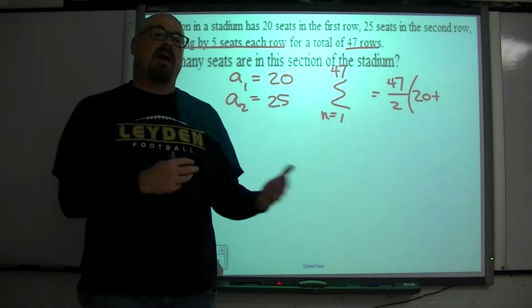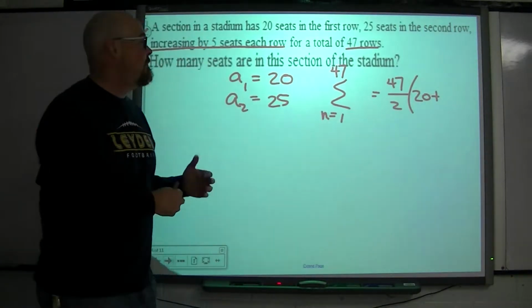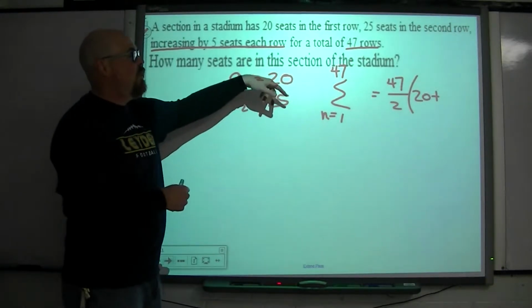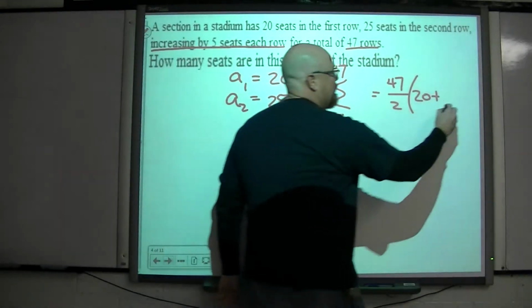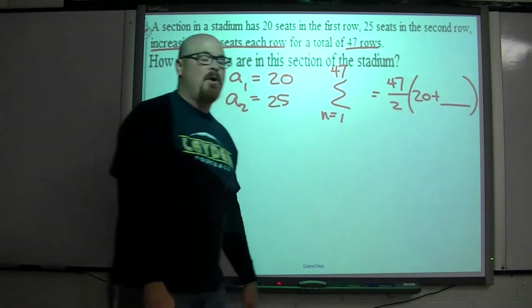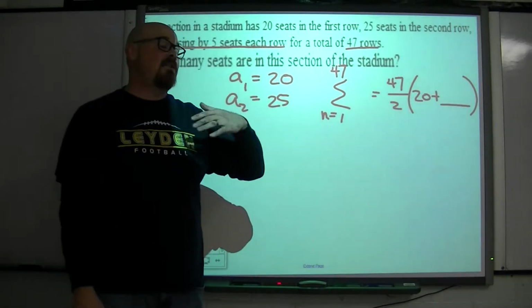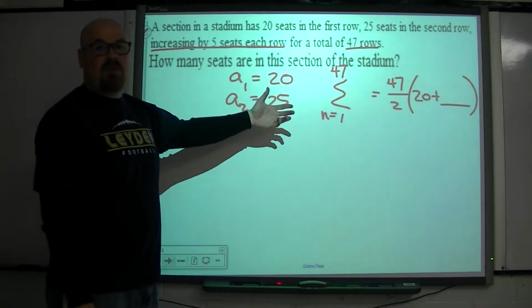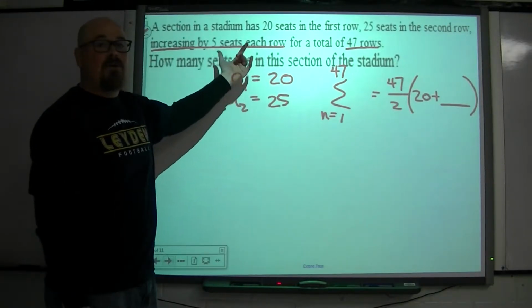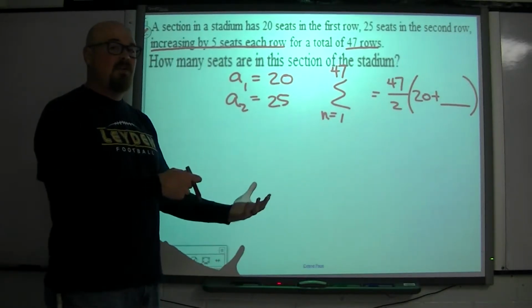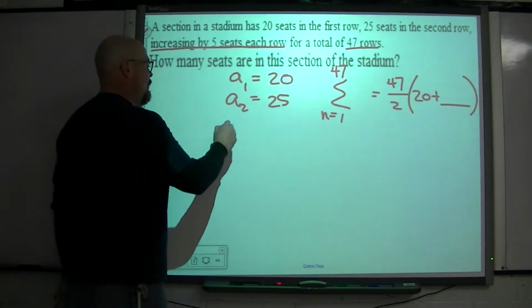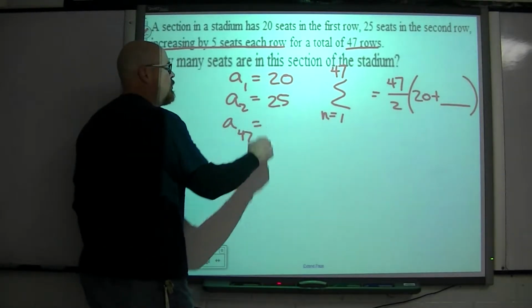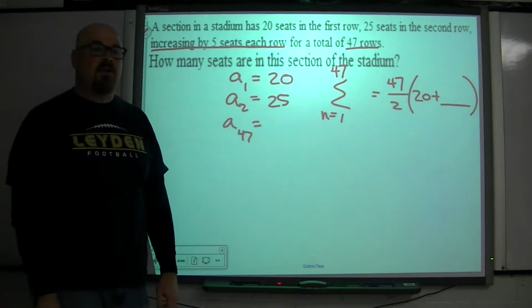Now that's where we have to do a little bit of background work. If there are 47 rows, we need to figure out what's going to go here, that last number in the sequence or the series. So we have to have a better way to do that. Well, we said this is a linear model, which means it's an arithmetic series. Let's come up with the rule, so I can just use the rule to come up with the 47th term.